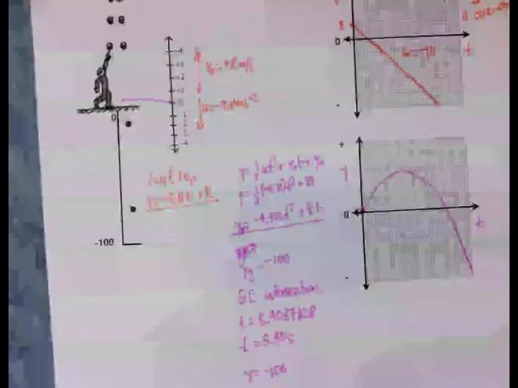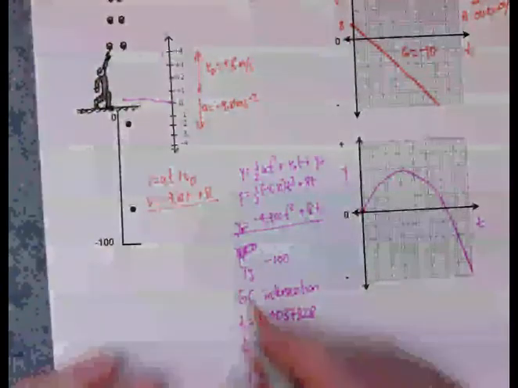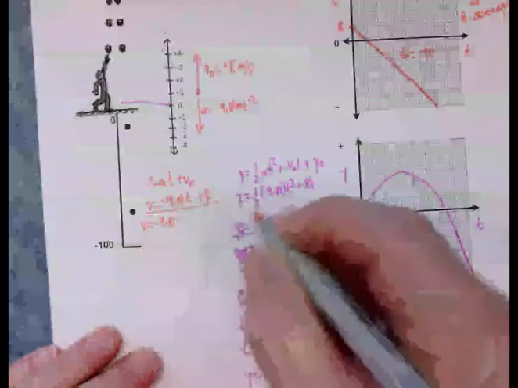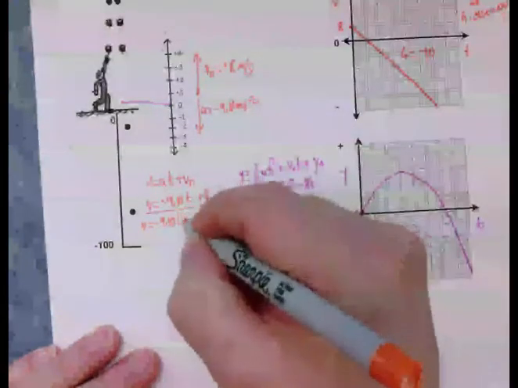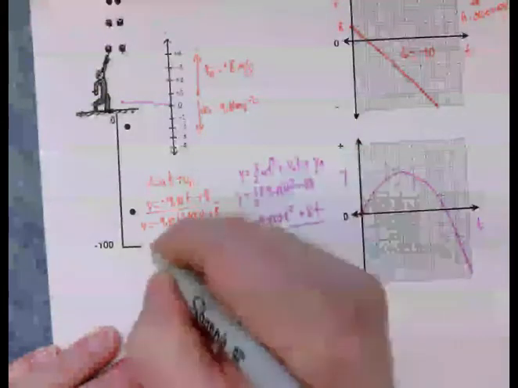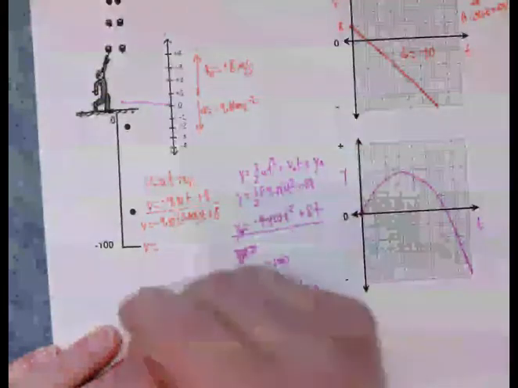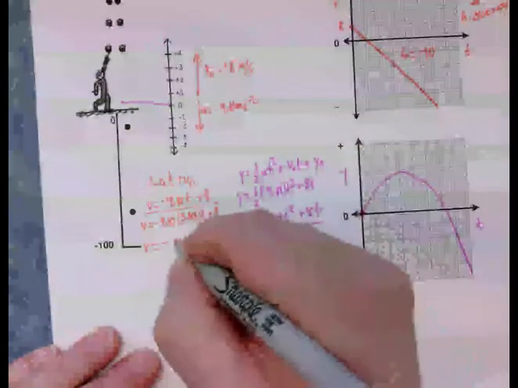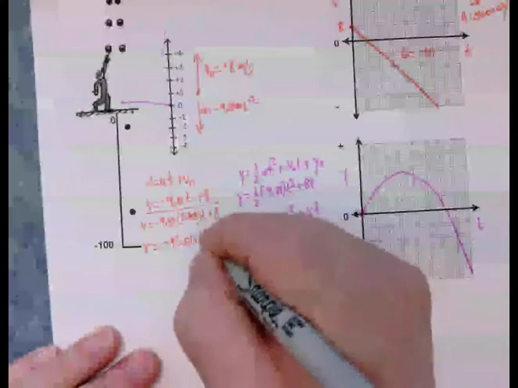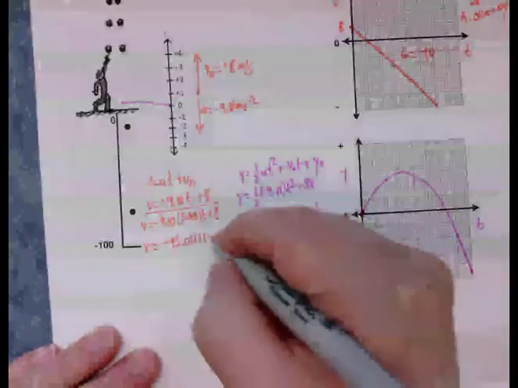Now it's time to compute the impact velocity. It equals negative 9.81 times the unrounded value, 5.403, t plus 8. And when we plug this into our calculators, we get a surprising negative 45.01111 meters per second.